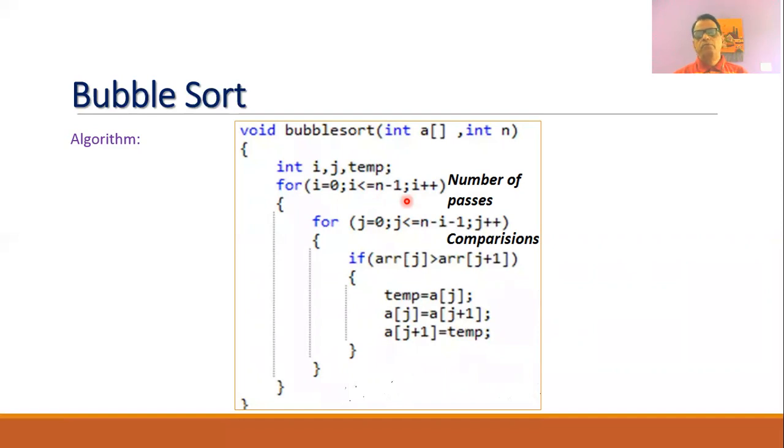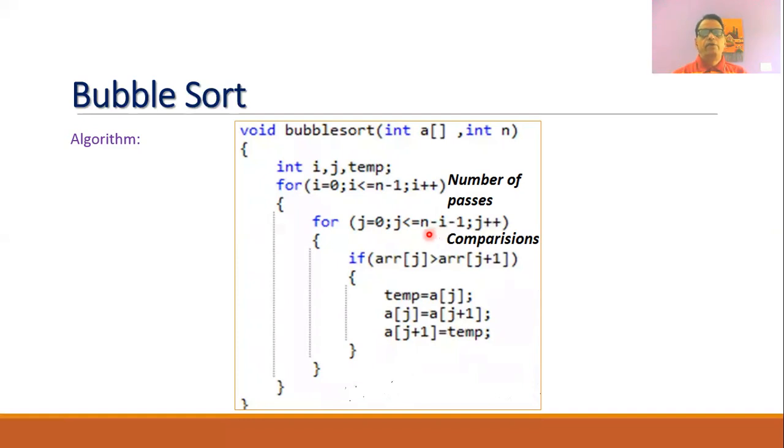And another for loop that can be used is for the number of comparisons, where the variable j is being used. The initial value of j will be 0, and we will always check whether j is less than or equal to n minus i. So as I told you, if there are four elements, then there will be three comparisons in the first pass, two comparisons in the second pass, and only one comparison in the third pass.